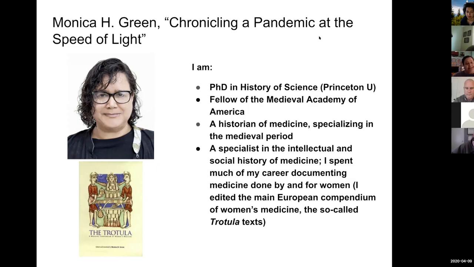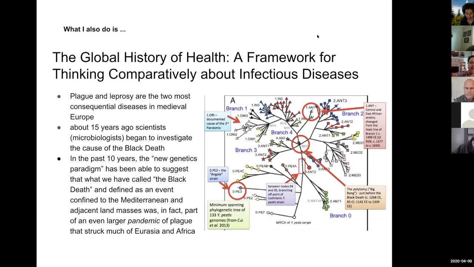No plague, and not a whole lot of infectious disease is mentioned there. Next slide, please. Okay, so this is what I do now. I call this field a global history of health. It will become clear why I call it global, as you will see.